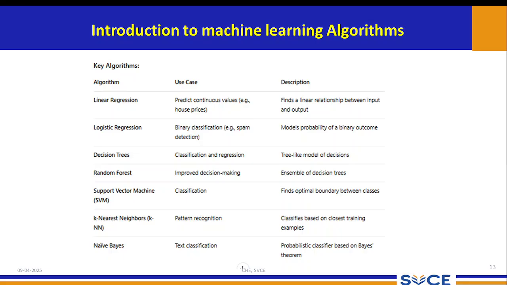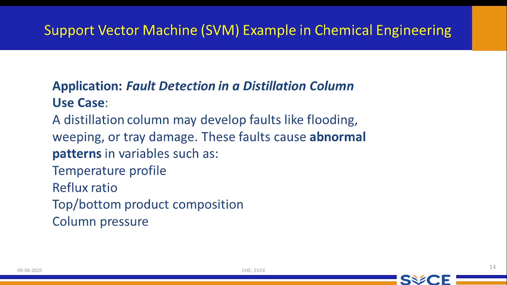These are the algorithms available. Then we will go to classification and statistical methods: when we need to go for linear regression or logistic regression, the description mentioned here, and the application of fault detection in the distillation column.